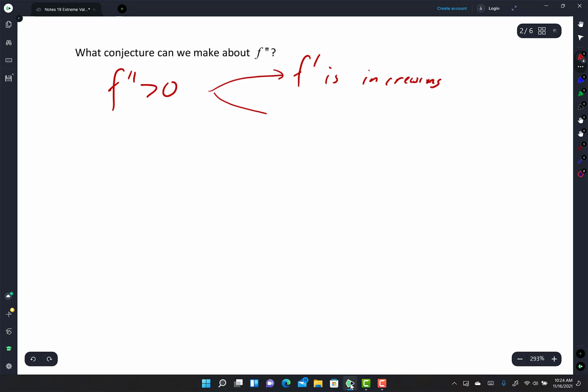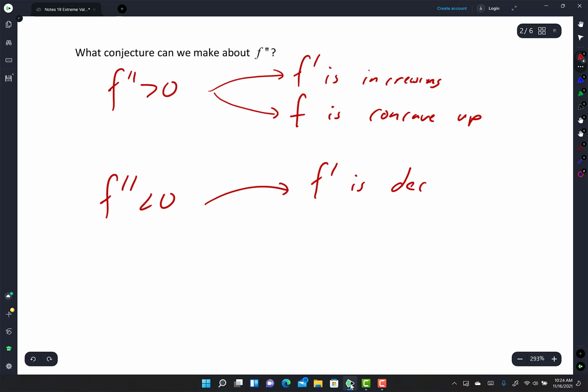And that means also that f is concave up. Perfect. If f prime prime is negative, this means 2 things. That f prime is decreasing, and that f is concave down. Perfect.